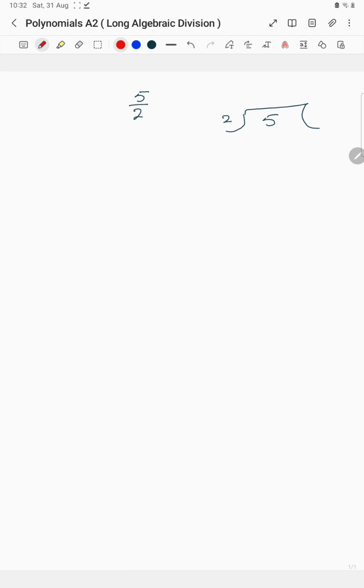The term inside the division is called the dividend, and the term with which you are going to divide, here the denominator term, is the divisor.